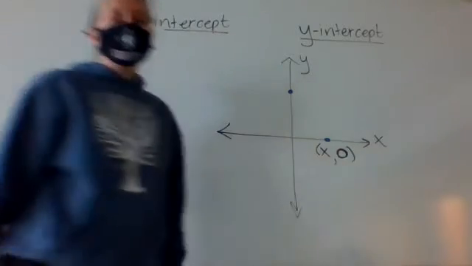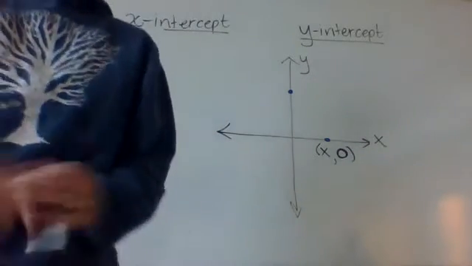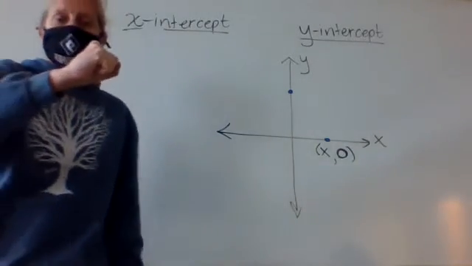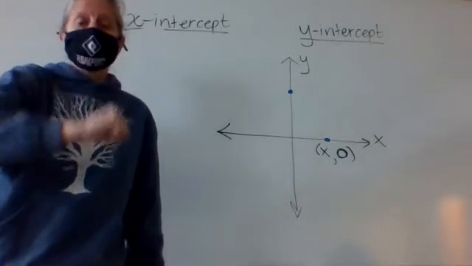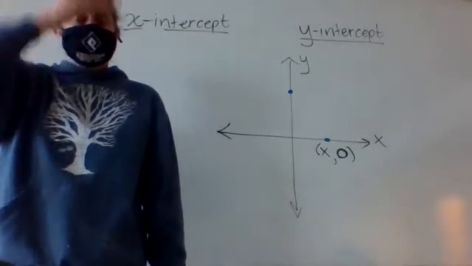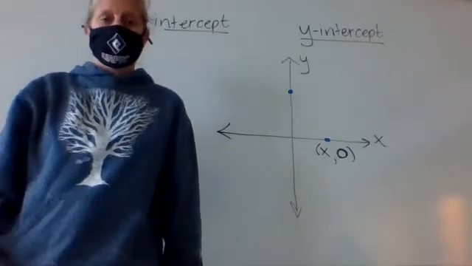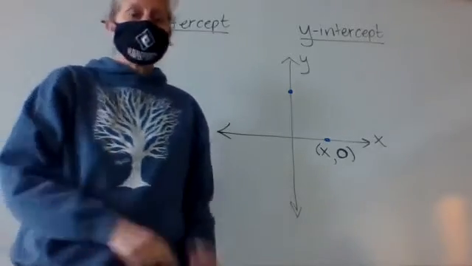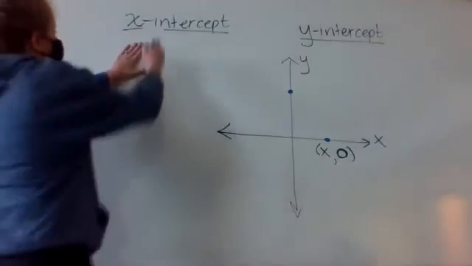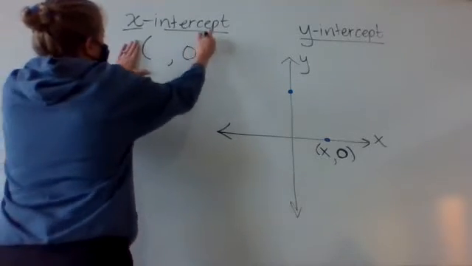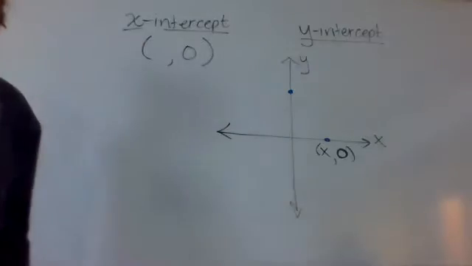If they're going to be on the x-axis, that means you're a point that hasn't gone up or down, right? That's why you're still on the x-axis, is because you haven't gone up or down. So that's how we're going to find it. If you are the x-intercept, it is because your y is 0.